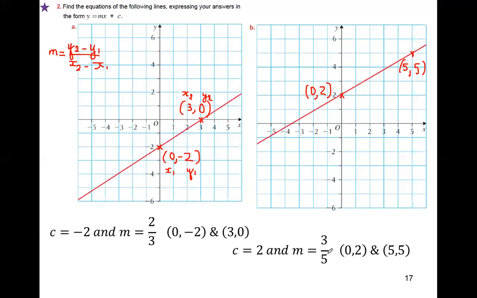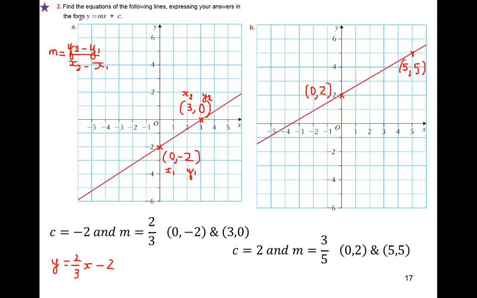Okay, so basically we can now define, in the form y equal mx plus c, for these two examples, y equal 2/3 of x minus 2. And that would give us the last mark. In math, you try to get as many marks as you can by just answering the question asked.